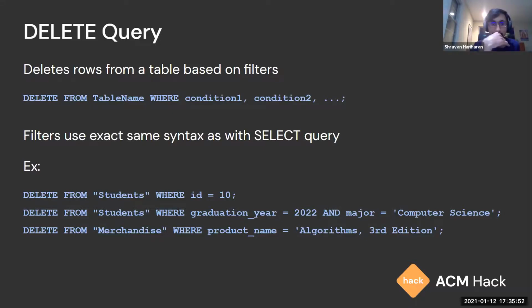We can delete the 10th student, just delete from students where ID is 10, so that row is gone. We can delete all the students who are comp sci grads in 2022 with delete from students where graduation year is 2022 and major is computer science. And we can delete all the products in merchandise where product name is Algorithms 3rd edition.